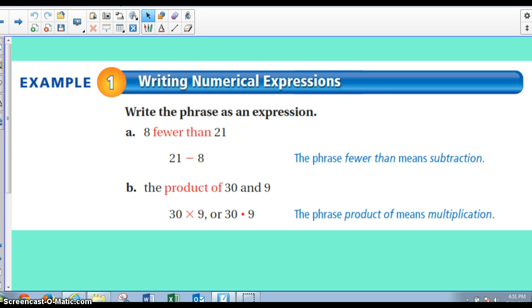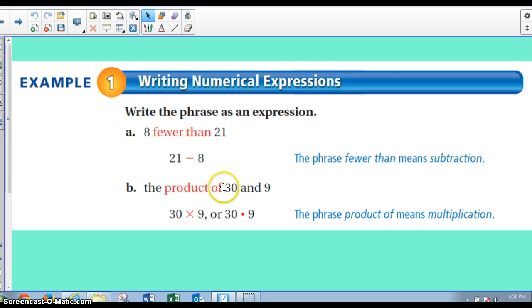Alright, section 3.2 is fairly easy. In example 1, they're showing you how to write numerical expressions. Again, this is an expression. 8 fewer than 21 is a phrase, and then 21 minus 8 is the actual expression.